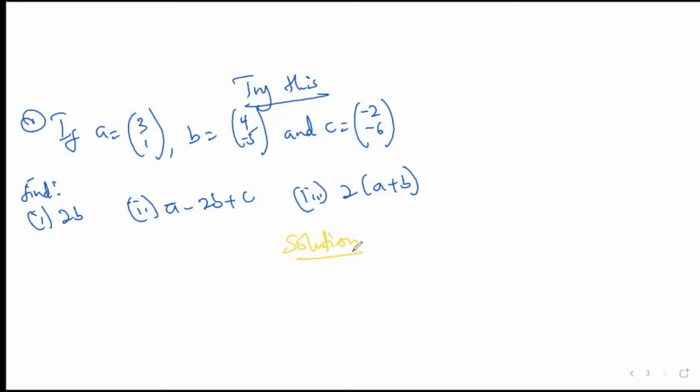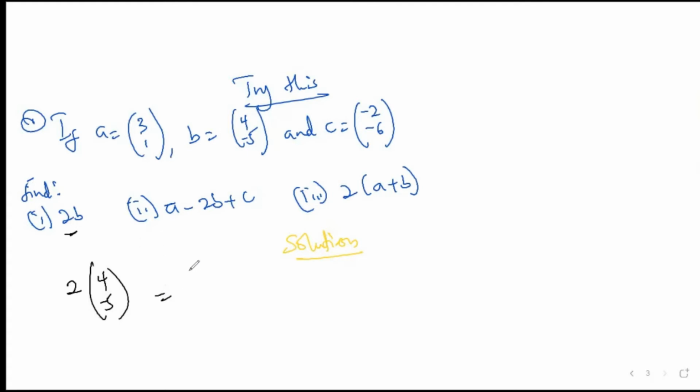Okay, so let's start together. Carol, start with us. So for the first one, you did 2 times (4, -5). The coordinates of B, right? Yes.